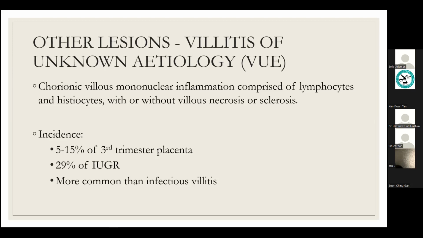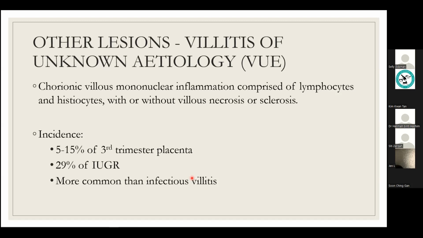Bear in mind that if it is villitis of unknown etiology, there will be high recurrence. But sometimes you can differentiate between the infectious and the non-infectious, but I won't touch on that in this lecture.